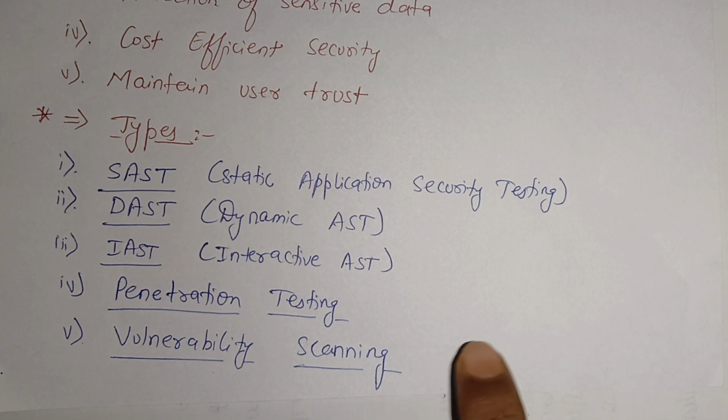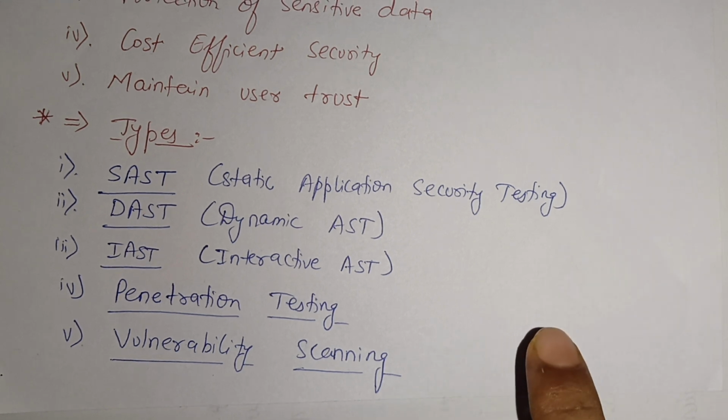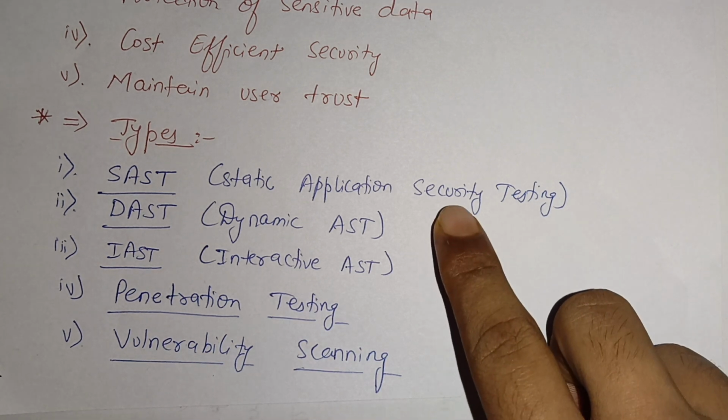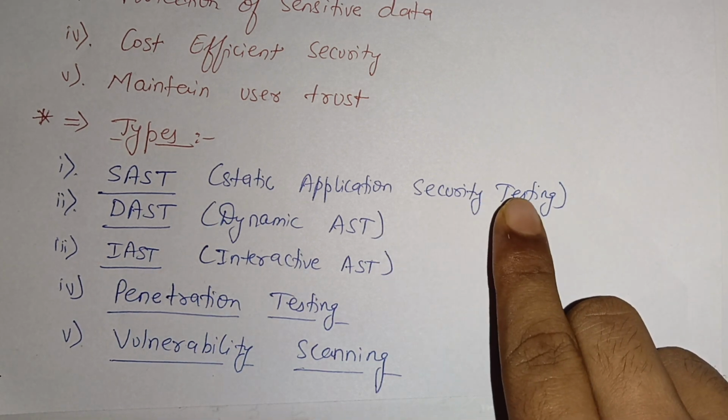So first we will talk about static application security testing. It analyzes the application code without running it to find security flaws early. Means it's like proofreading the code for mistakes before it's launched. Without running the code, it analyzes the application code. So that comes under static application security testing.